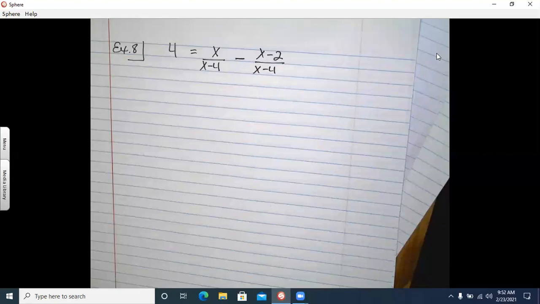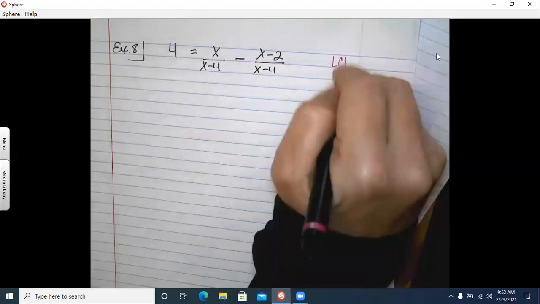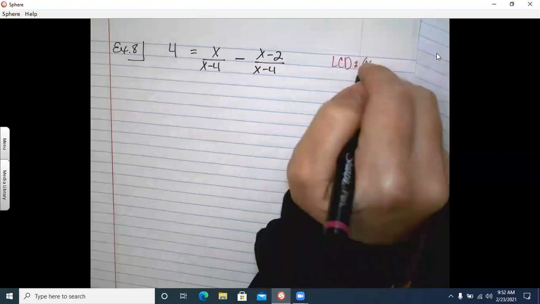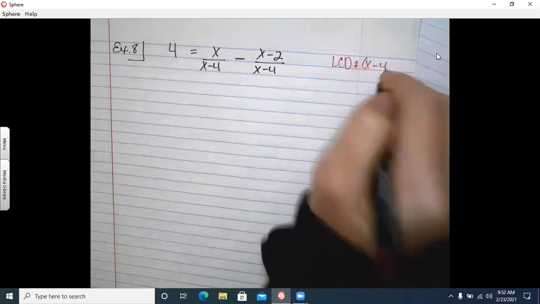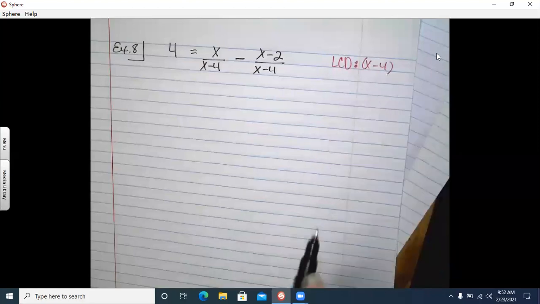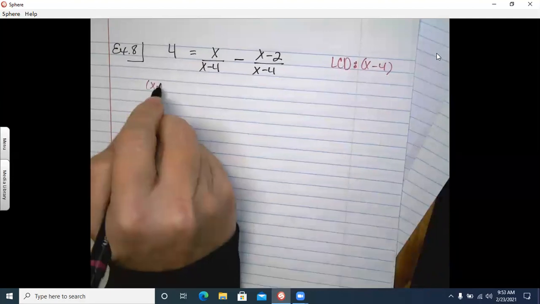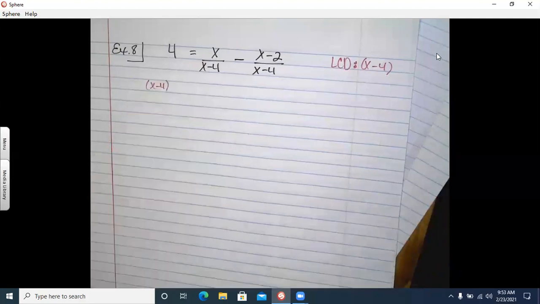All right, can either of my denominators be factored? No, okay. What's my least common denominator? X minus 4, okay? So I multiply every term by the x minus 4. So I'm going to multiply the 4 by x minus 4.